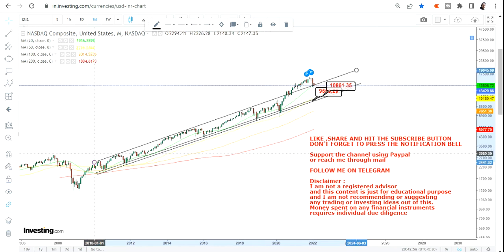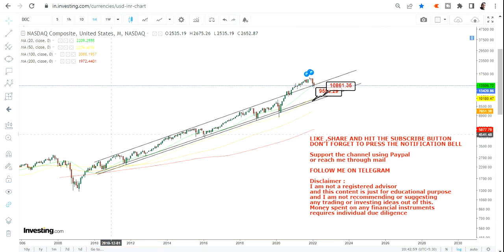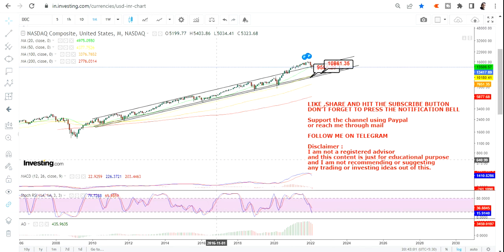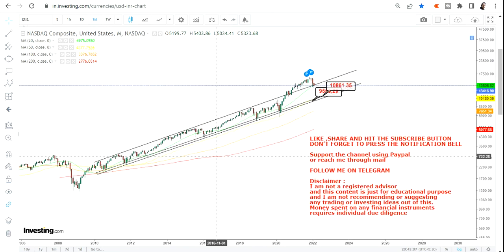support. And let me tell you, what I am analyzing here is the monthly chart. The monthly chart and its trend, more specifically the indicators and movement and the credibility, are very strong.